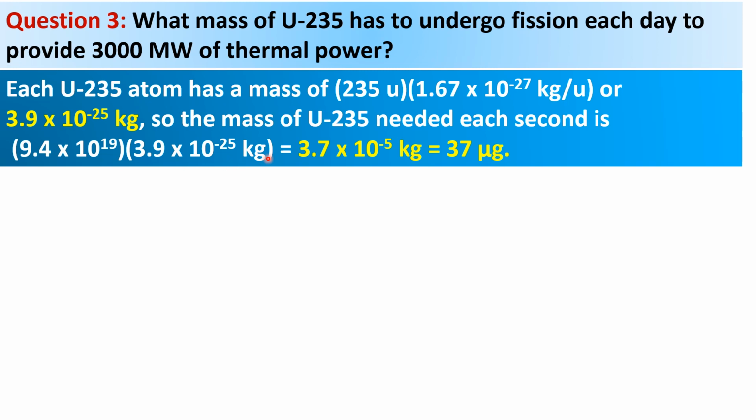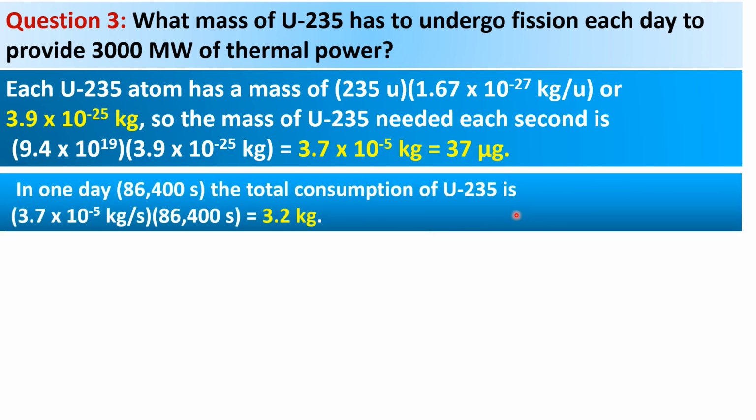So we will get 3.7 times 10 to the negative 5 kilogram of uranium, or 37 micrograms. This is in 1 second, 37 micrograms. But we are talking about a period of 1 day.